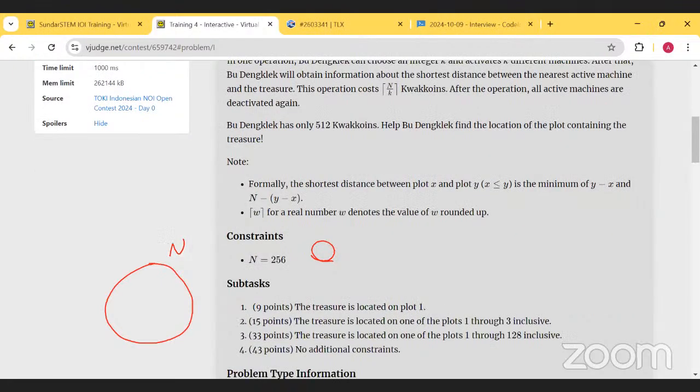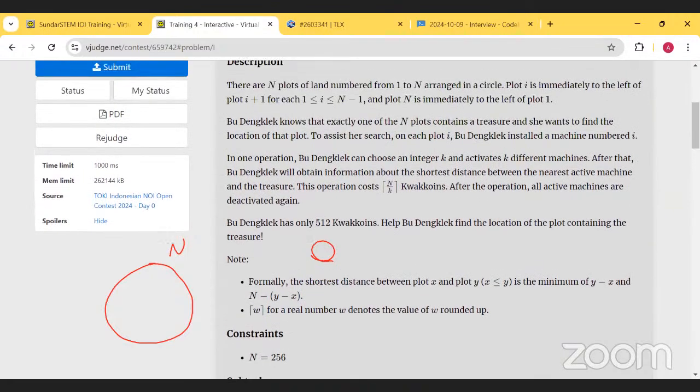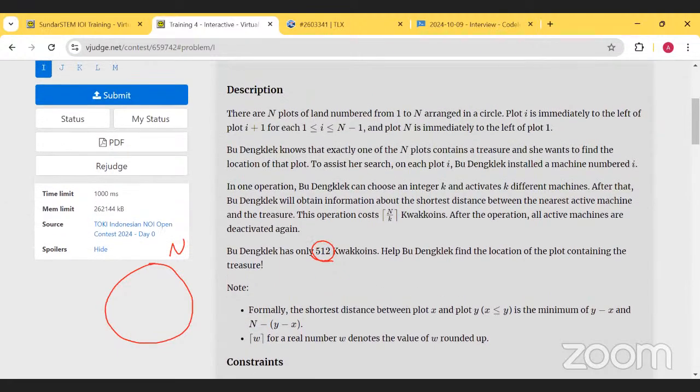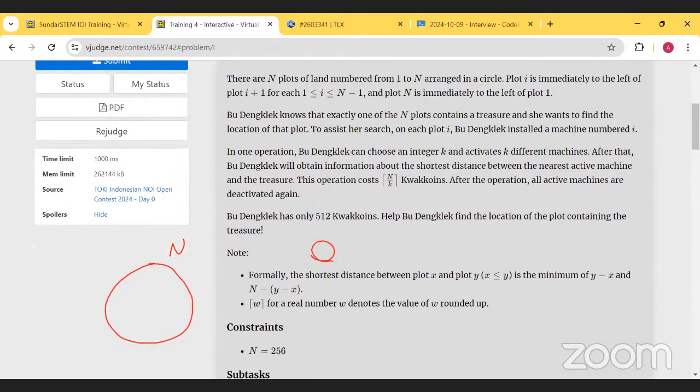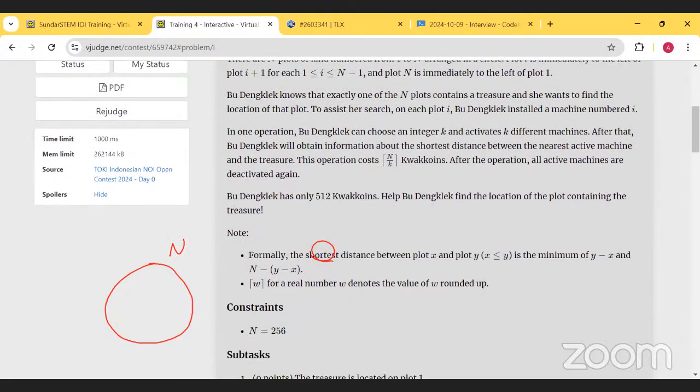The value of n is 2 to the power of 8, while the maximum cost we may use is only 2 times n. So try to find the solution that the coin less than 2n.